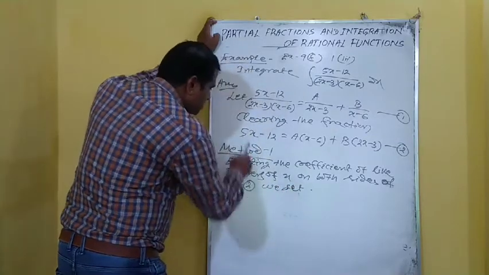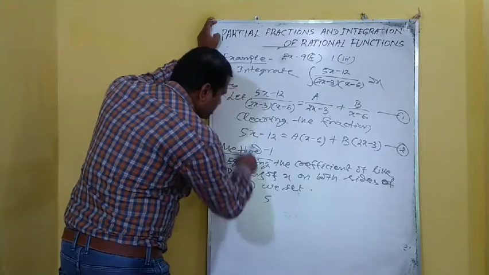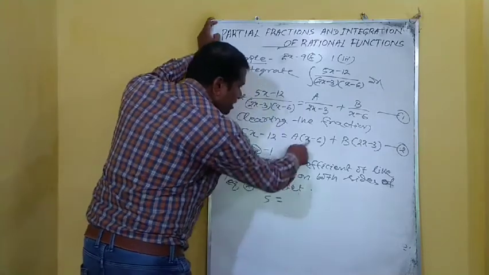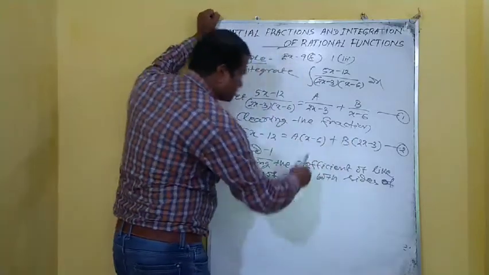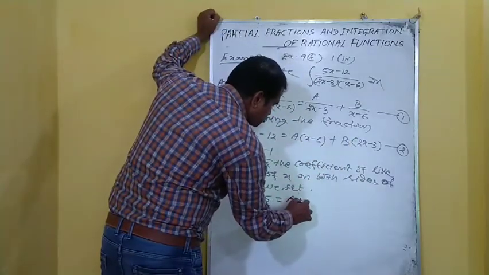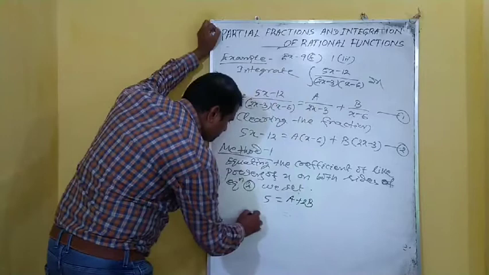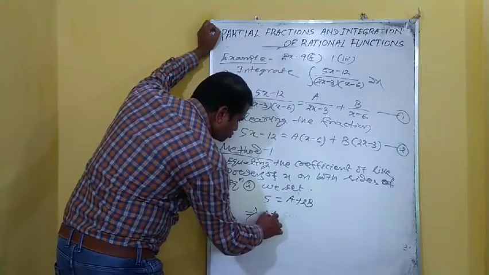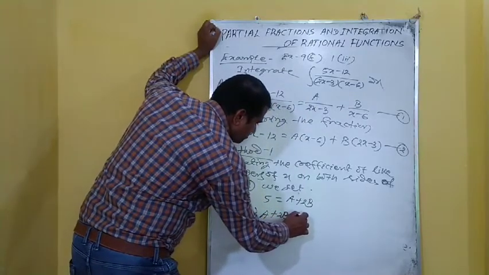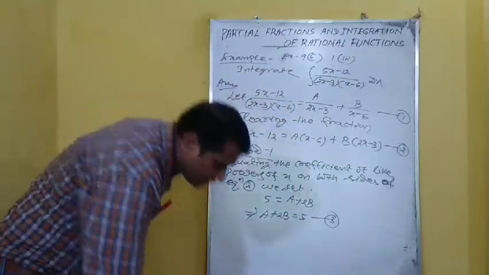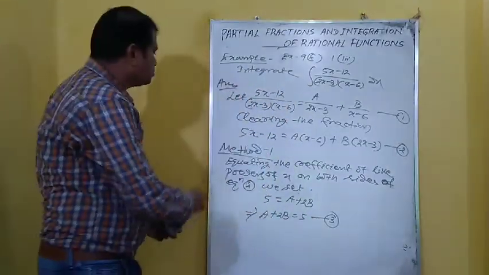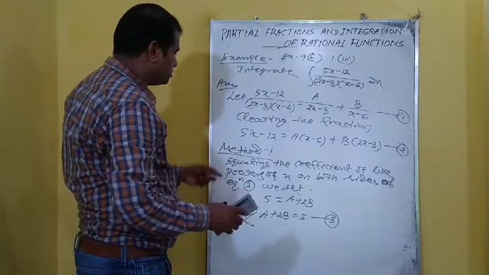The coefficient of x on the left side is 5 and on the right-hand side, after simplification, we get A plus 2B. That means A plus 2B is equal to 5, equation 3.